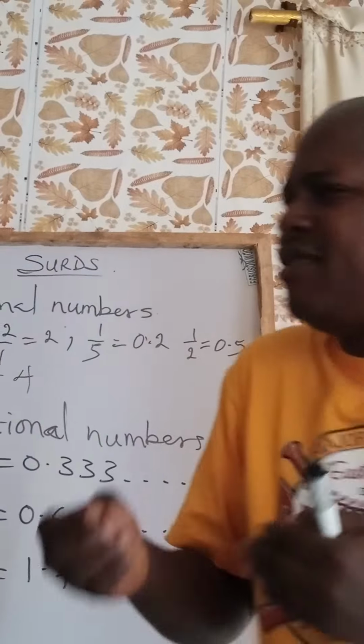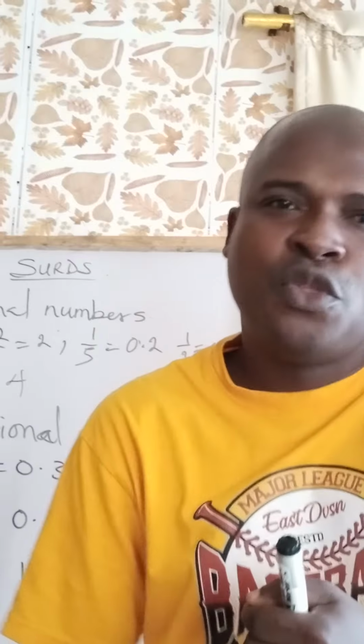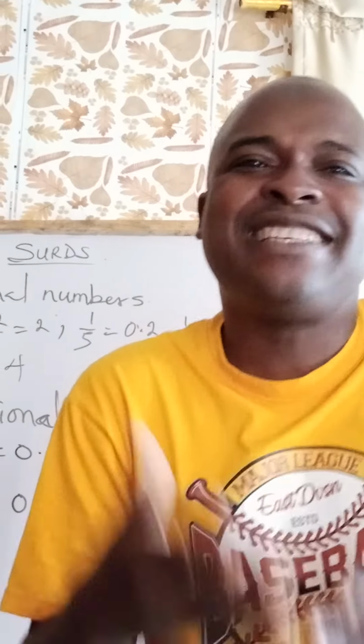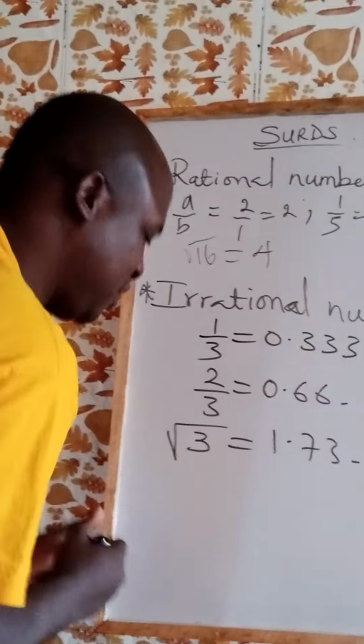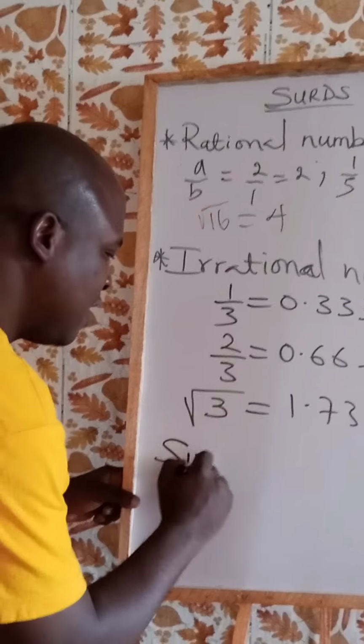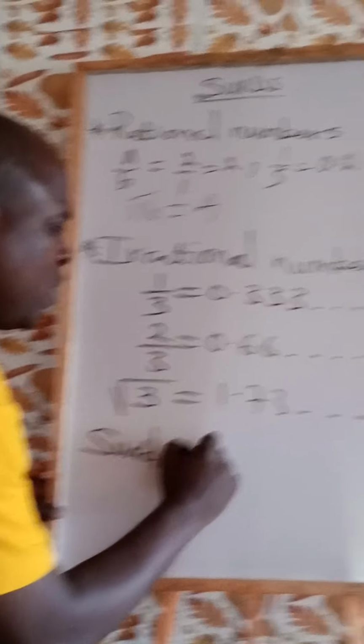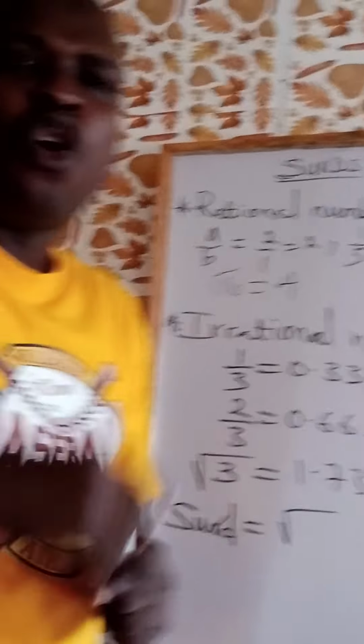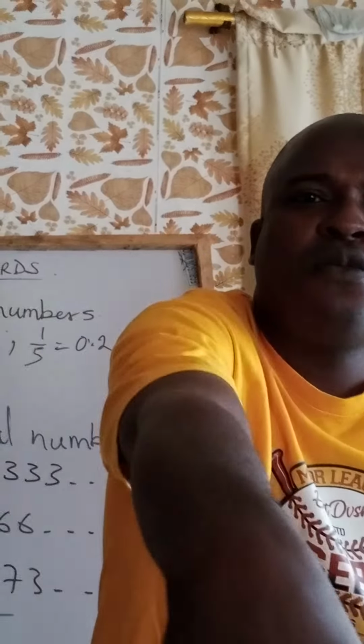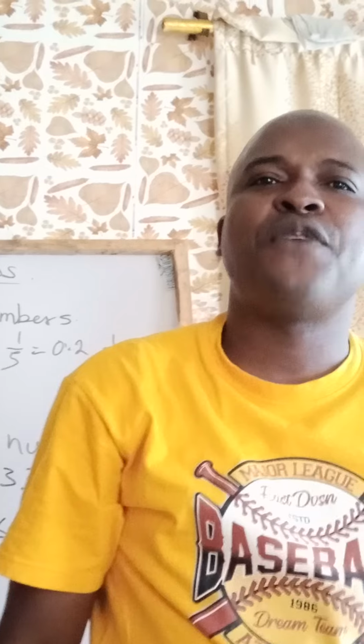Now, what is the relationship between rational, irrational, and surd? Irrational numbers are related to surds in the sense that they are almost the same, in the sense that a surd always deals with square roots, and a surd is always the square root of a non-perfect square.